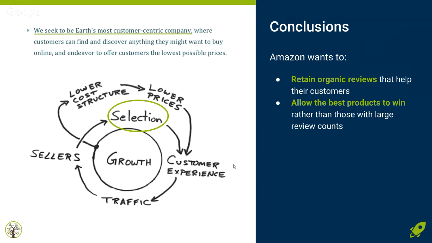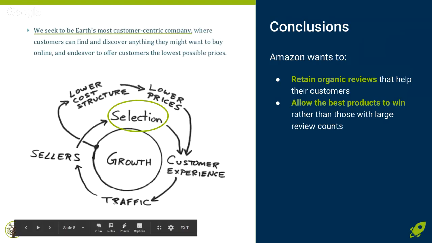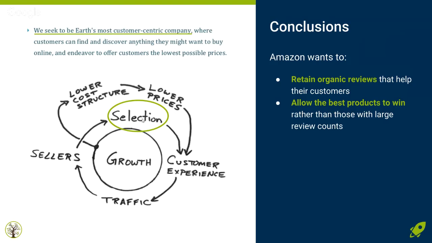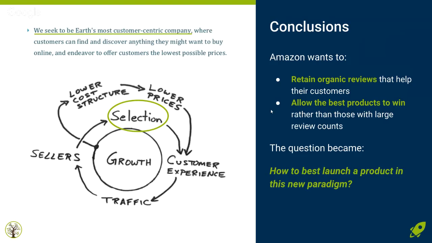And that leads to a good customer experience and so on, more traffic. So in doing incentivized reviews, a seller chooses to actually mess with selection a bit. And that's where I believe Amazon decided to step in and change that, because again, it's impacting their customer-centric objective. So the question really became, how do we best launch a product in this new paradigm?